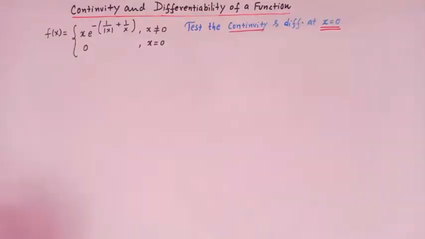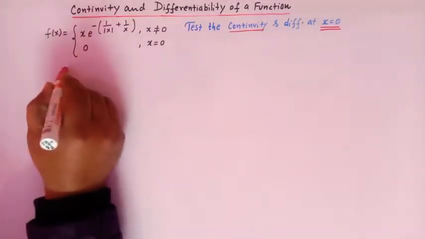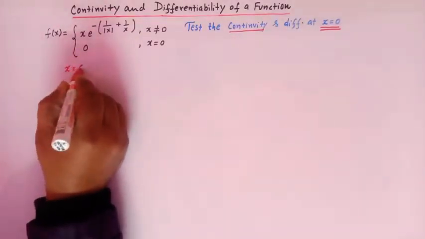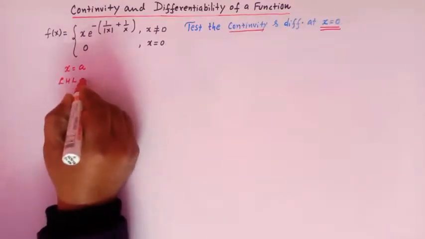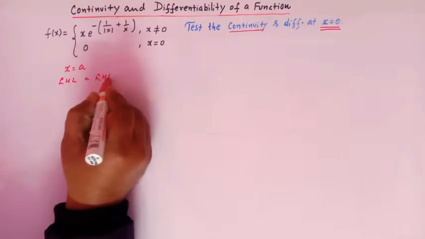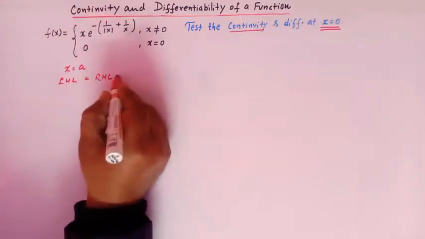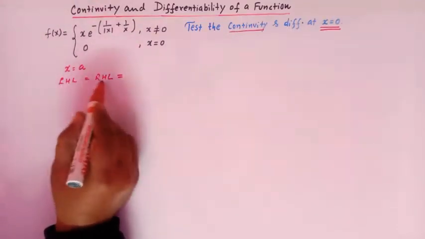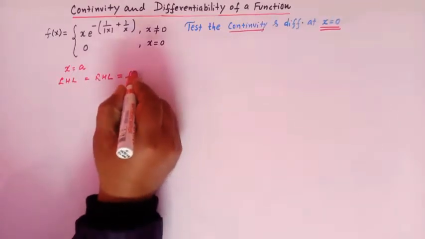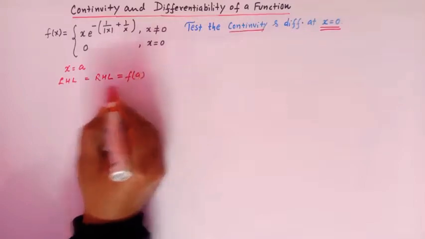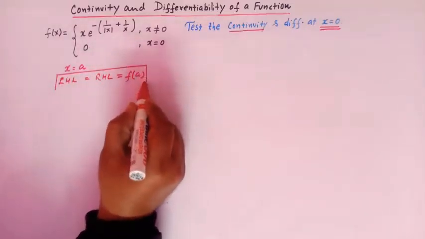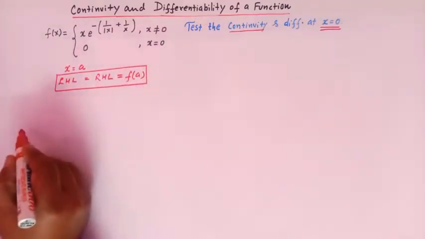From the definition of continuity, we know that a function f of x is continuous at x equal to a if the left hand limit and the right hand limit of the function are equal, and both these limits are equal to the value of the function at the given point, right? So this is the definition of continuity, right?